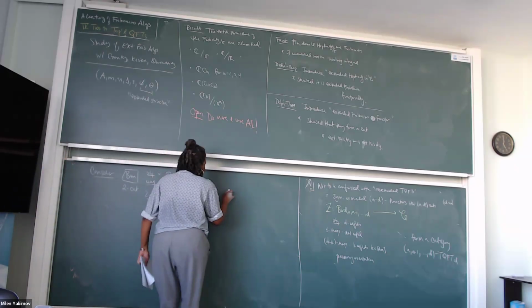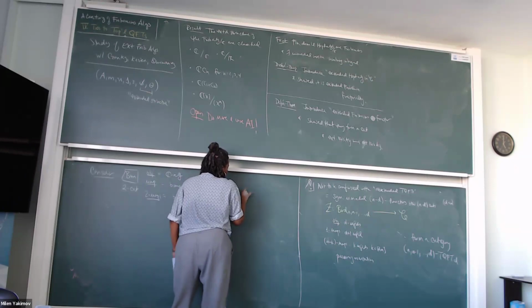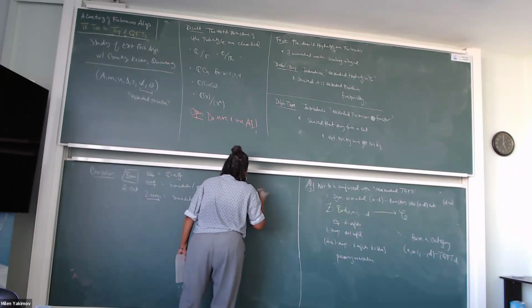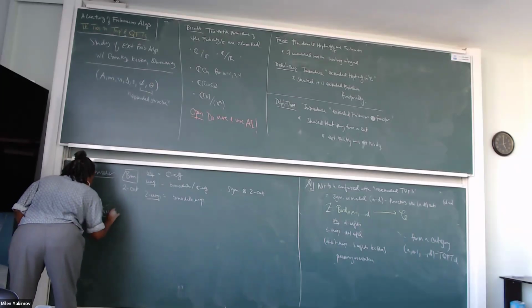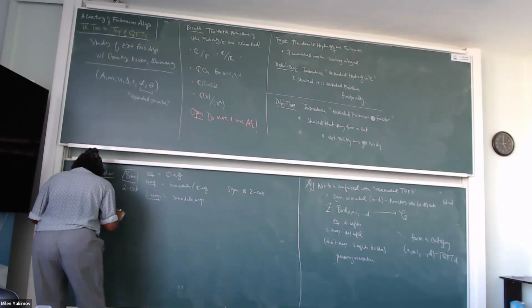All right, these form a symmetric monoidal two category. Now the theorem, this is due to Schommer-Pries.